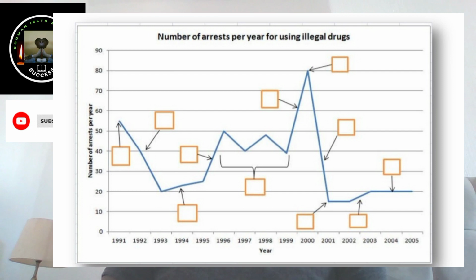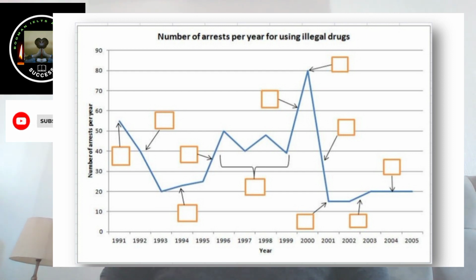I want you to have a look at this graph and tell me which part you can use increased significantly. Which of the yellow boxes? The yellow box is pointing to some line. So just tell me the line you can use increased significantly.